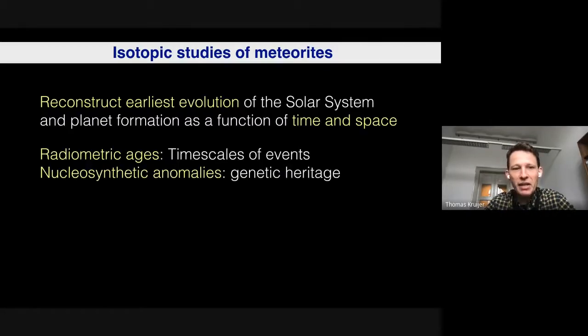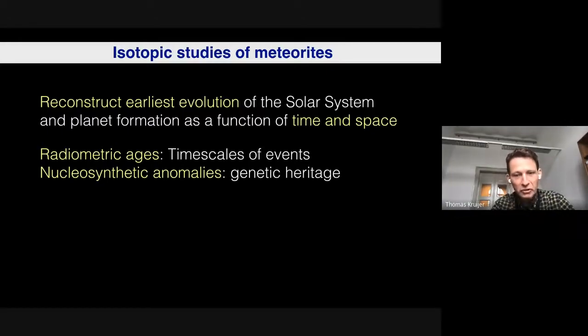And what we particularly get, or the two important ingredients that we can gather from meteorites, are radiometric ages, which allow us to study the timescales of events, and so-called nucleosynthetic isotope anomalies. And these allow us to study the genetic heritage, or genetic links, between different materials.